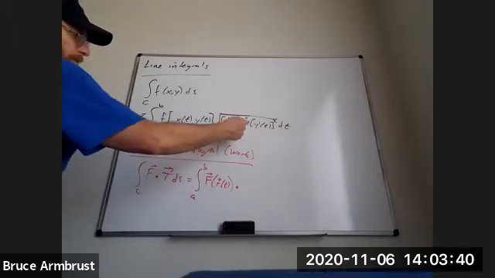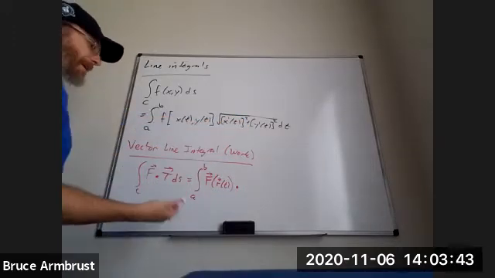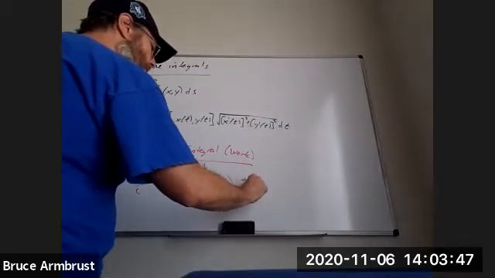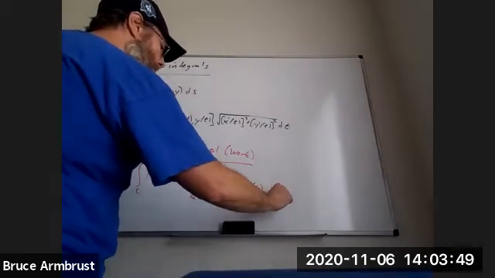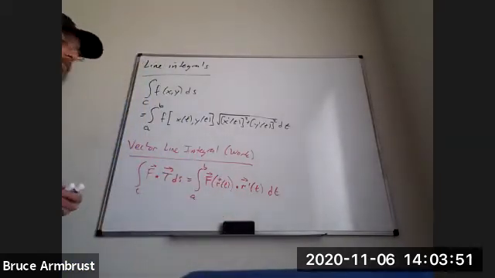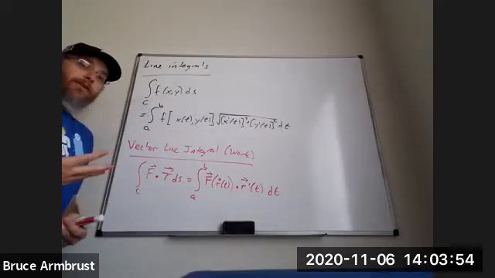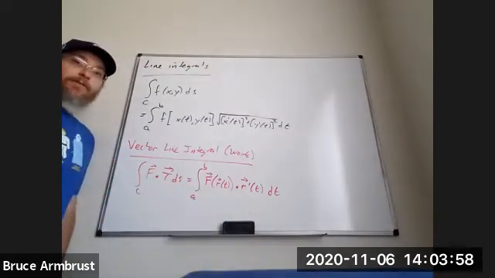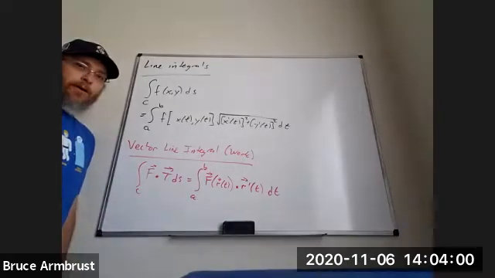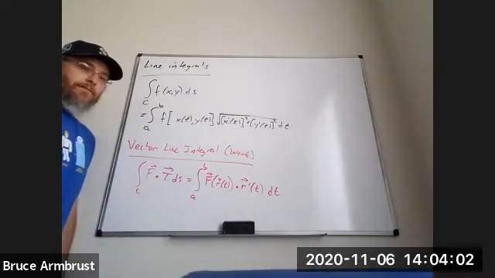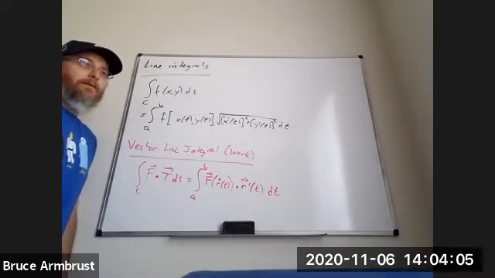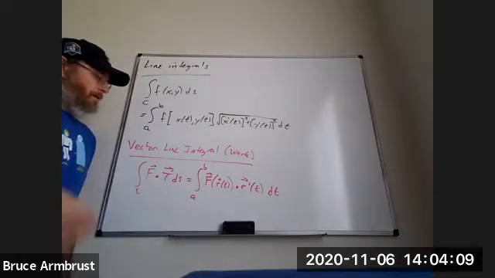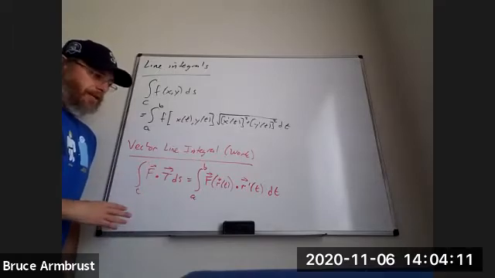But this whole square root stuff ends up getting canceled when we use the formula for big T. So all we have to do is take our field, evaluate it at our curve, with our parameterization, and then dot it with the derivative of our vector, so our velocity. Okay, so that was the vector line integral.